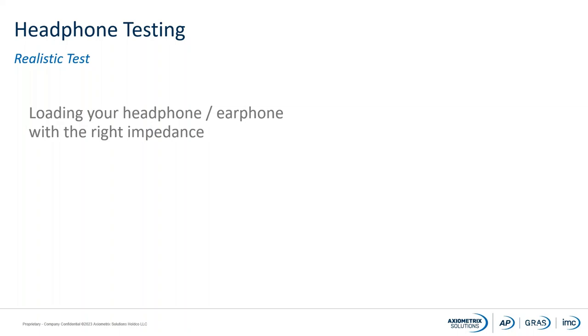This is to ensure that the headphone has been loaded with the right impedance, just as it will be loaded when used in a real life situation, when you and I are wearing a pair of headphones.